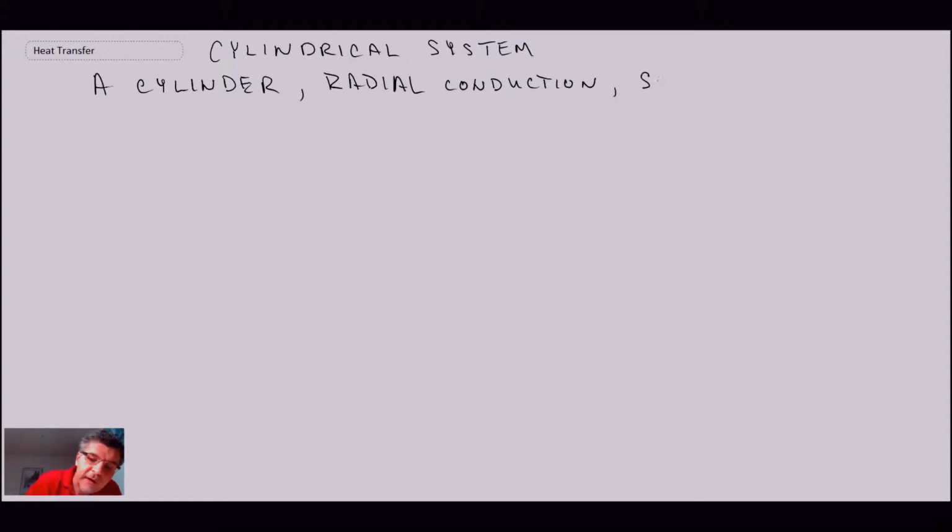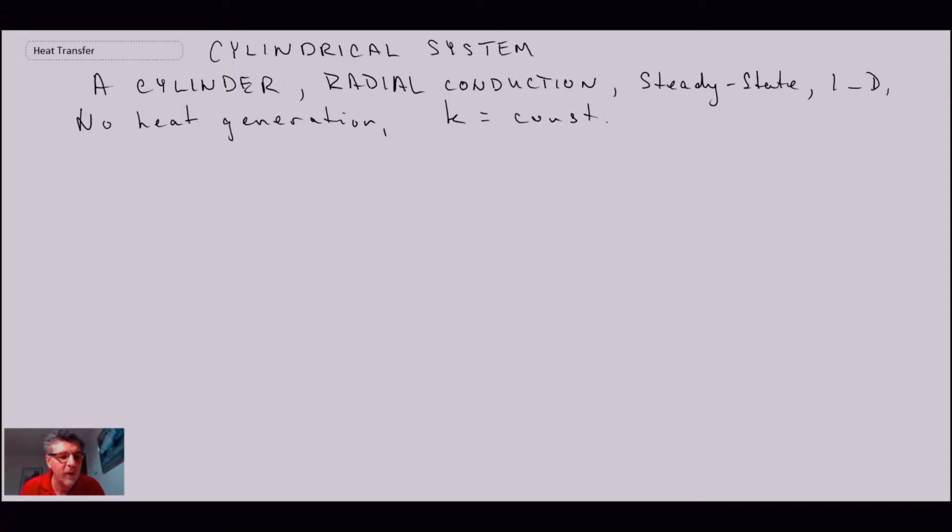We're going to assume that it is steady state, 1D, no heat generation. And the last thing, thermal conductivity is a constant, so it's not a function of temperature. So those were all the things required for us to use this alternative method.